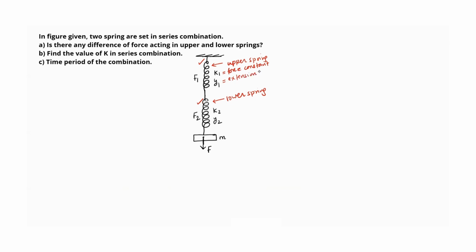This is the extension or elongation produced in the upper spring, and K2 is the force constant, or spring constant, for the lower spring, and Y2 is the extension produced in the lower spring. We have mass M attached at the lower end of the series combination, and we have force F acting vertically downward, as shown in the diagram.